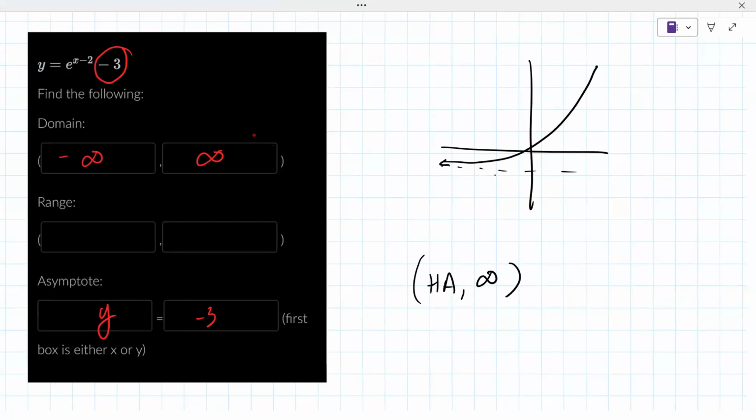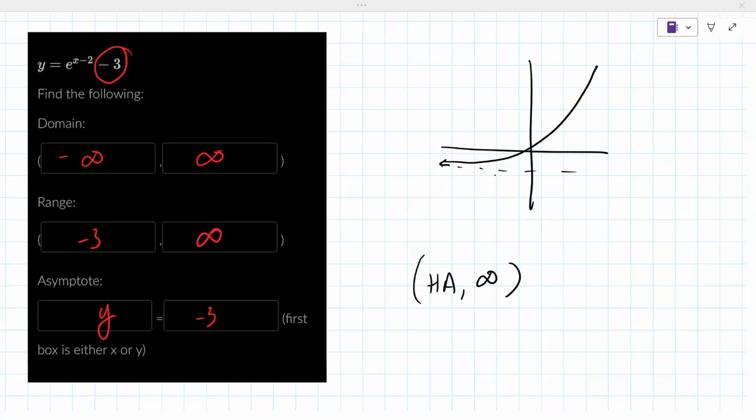So the range is -3 to positive infinity. I don't see anything else for that problem.